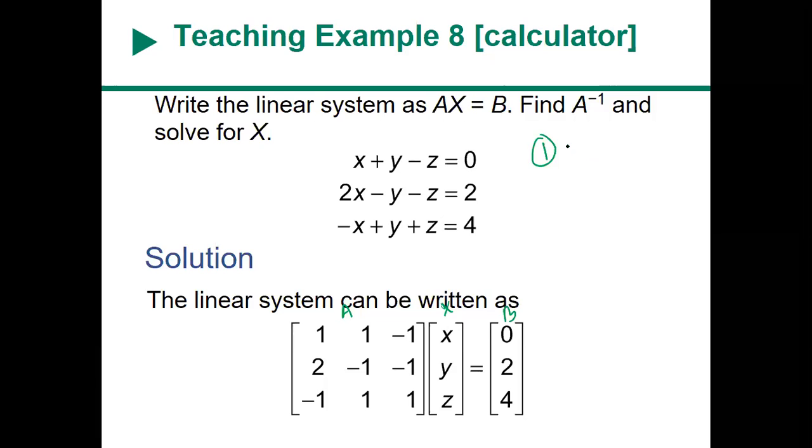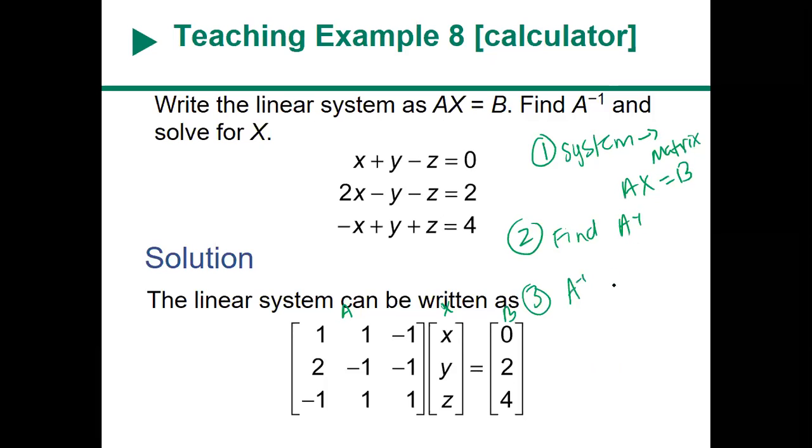No. Step 2 is find the inverse of A. And step 3 is to multiply the inverse of A times B. That leads you to your solution. Those are the 3 steps that you're going to follow if you choose to do it this way.